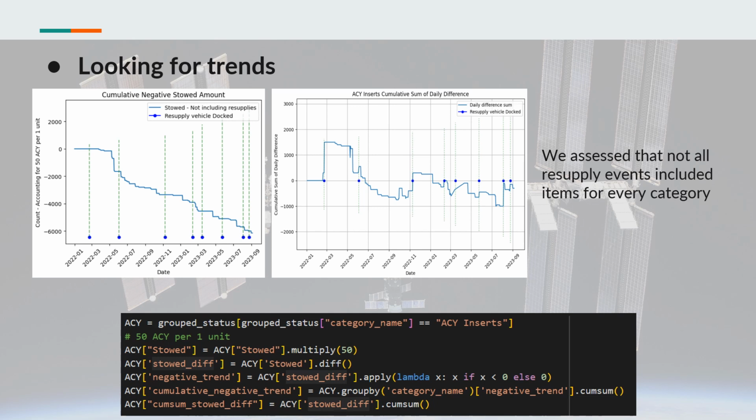On the top right, there is a graph of the cumulative stowed difference, which shows trends for the data over time. And to the left, you can see just the negatives. That will be the data set we use later on for the linear regression models.